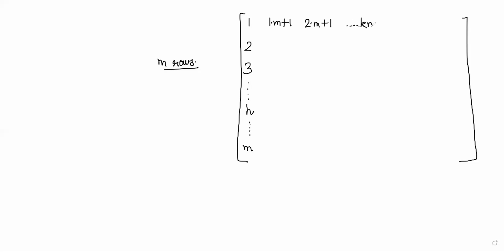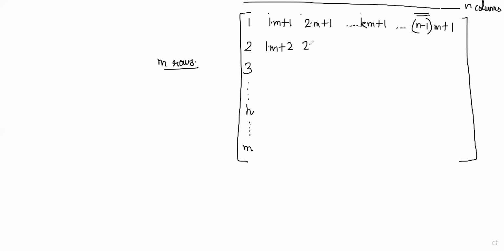There is k into m plus 1, and the last one is n minus 1 into m plus 1. So if you see carefully, this is 1, 2, 3, up to n minus 1, and 1 here, so the total number of columns is n. Next row: 1 into m plus 2, 2 into m plus 2, k into m plus 2, and n minus 1 into m plus 2.